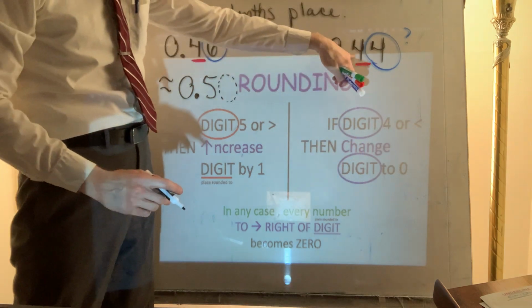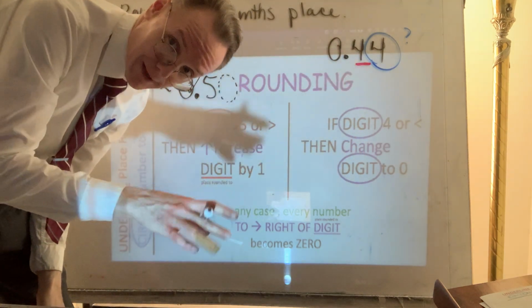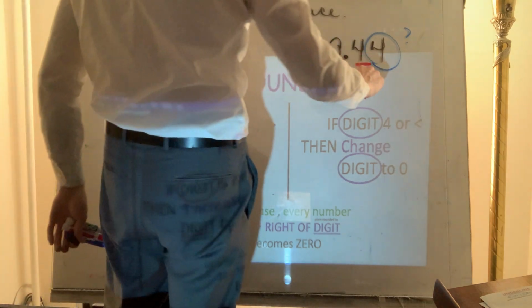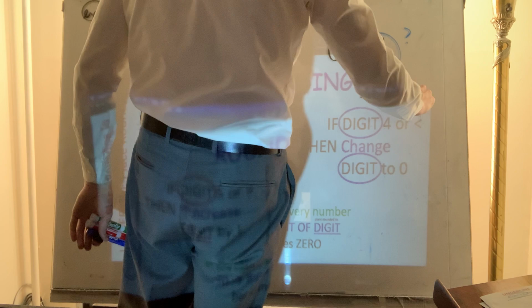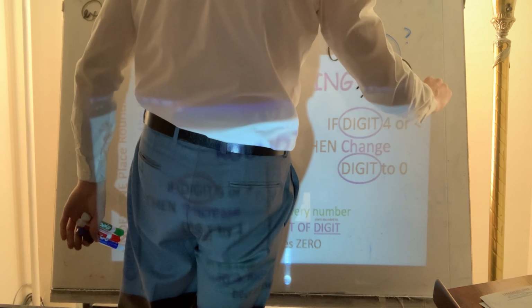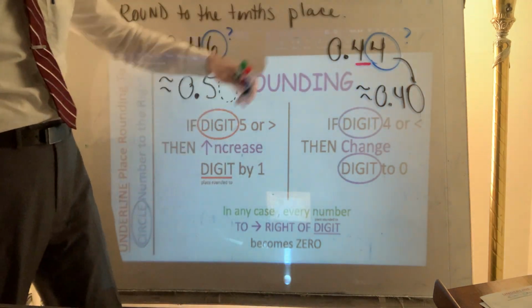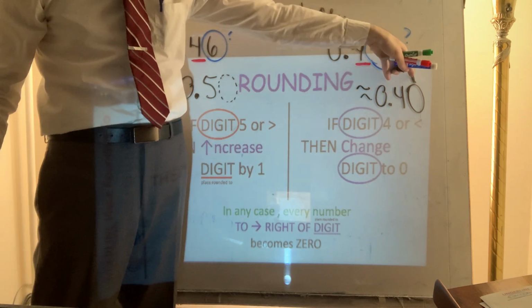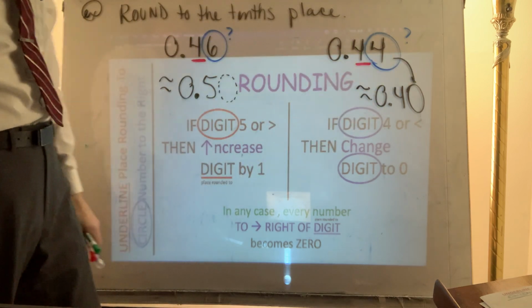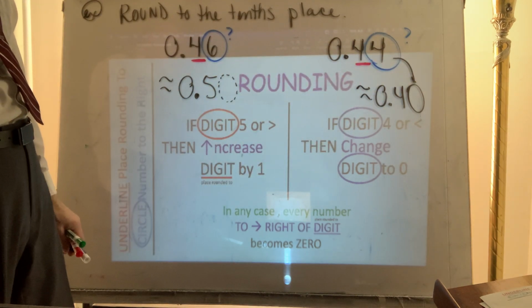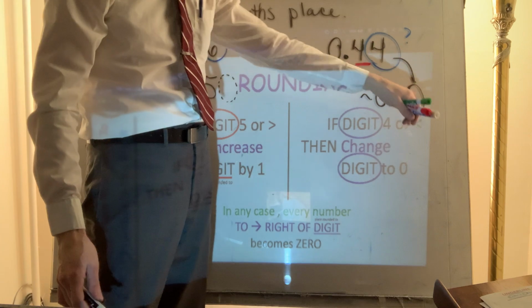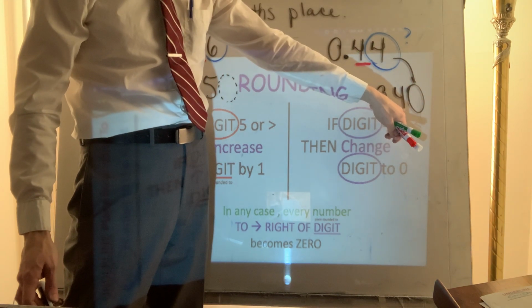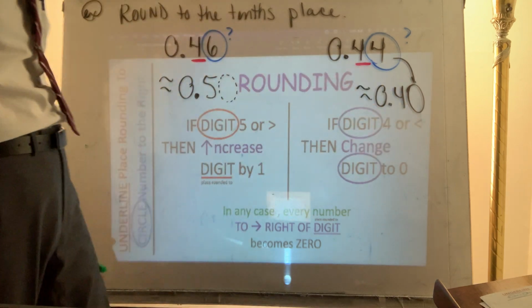In other words, when you say round down, people get confused and go, oh, make that a 3. No. What you're doing is just changing this to a 0. So if you read it as 44 hundredths, this would be 40 hundredths. That's what's rounded down. It's not that you change this to 1 digit lower and make that 0.3 instead. Don't make that mistake, okay?